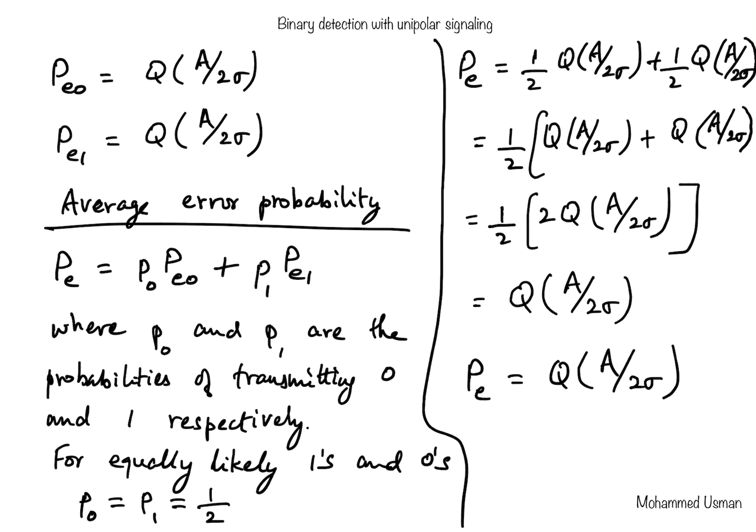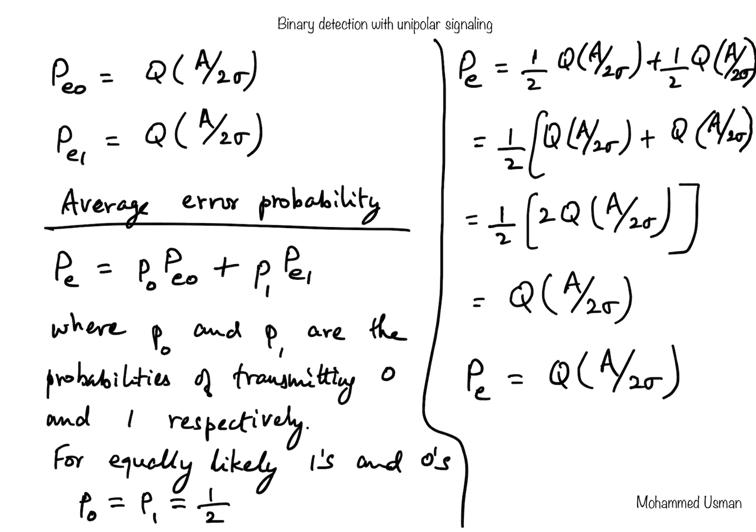And what is A? A is the level separation between a 0 and a 1. So if the noise is stronger, we need to keep this level separation much bigger. If the noise is weak, we can keep the voltage level for 0 and 1 close to each other. So the error probability depends on the level separation between the 0 and 1.